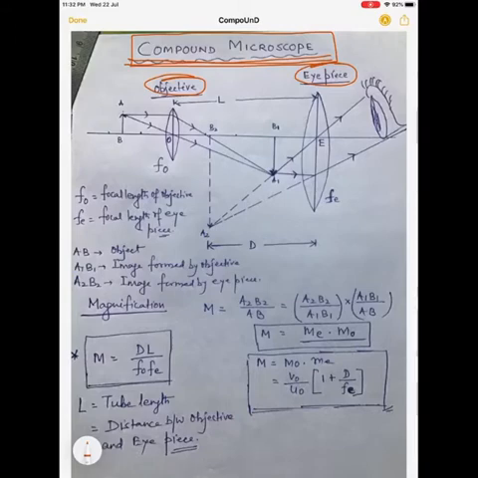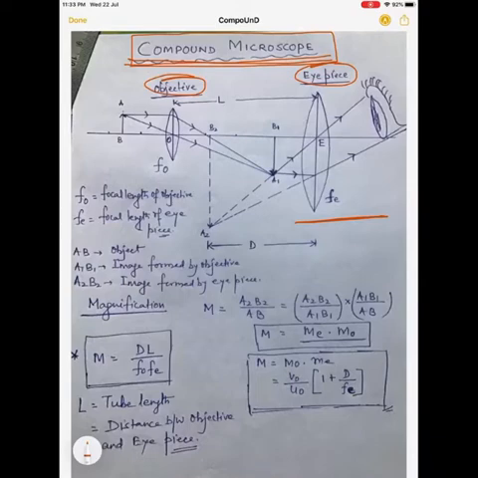The two lenses are coaxially fitted in a tube, and the eyepiece can be moved along the axis with the help of an arrangement known as the rack and pinion method. Okay, so this is the construction.